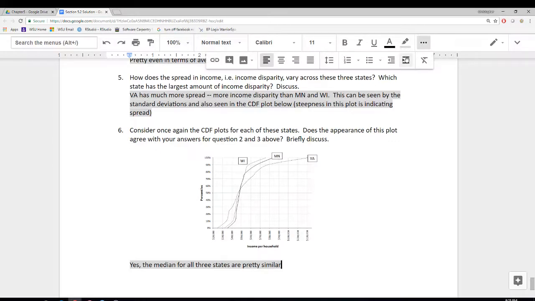So again, go across at percentile equal 50th and drop down. They're all similar, near 50,000, I think we said.